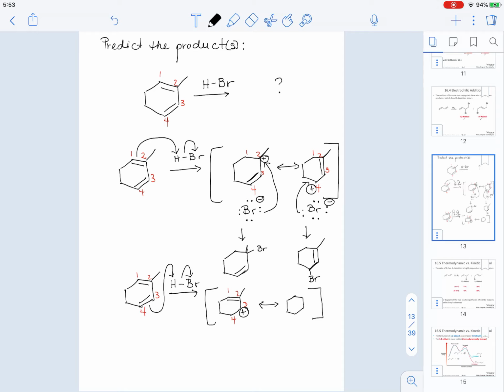If now we move the carbon-carbon double bond from 1 and 2 to 2 and 3, then the carbocation is going to specifically be on carbon 1. Let me relabel the carbon atoms.